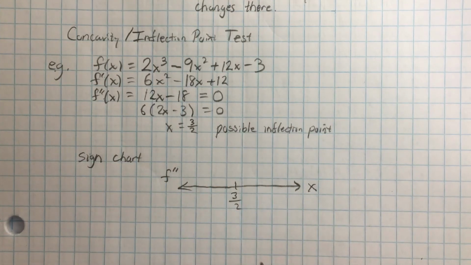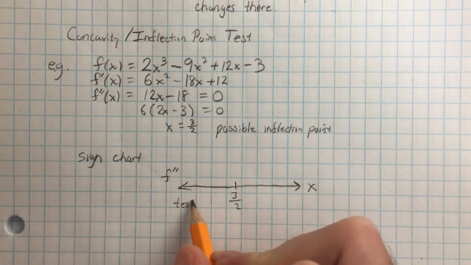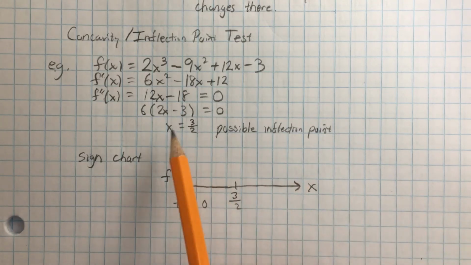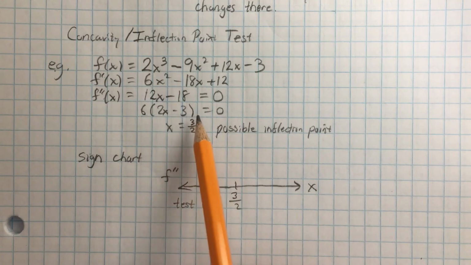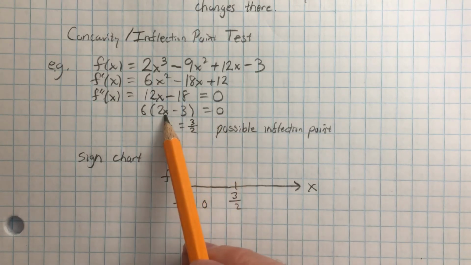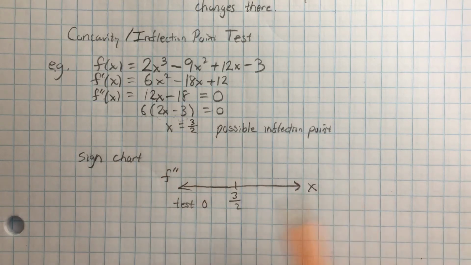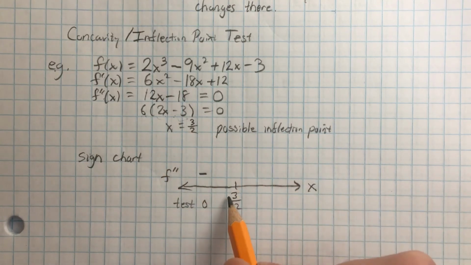So second derivative, I'm going to do the same thing. I'm going to make a test case. I'll test a number which is less than 3/2. 0 is a good candidate. And I plug it into the second derivative. And again, I use the factored formula to just make it easier to see what's going on. So I plug in 0, I get a negative for this factor. So negative times a positive is negative. Therefore, the second derivative is negative on the first interval.